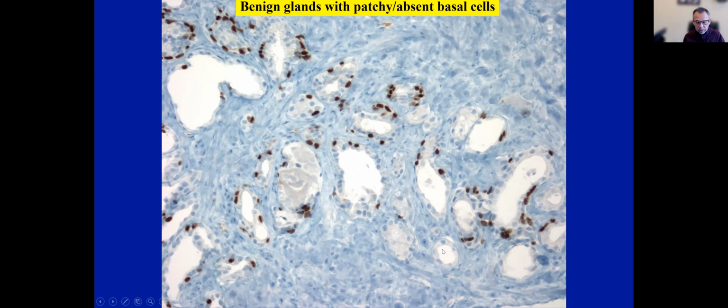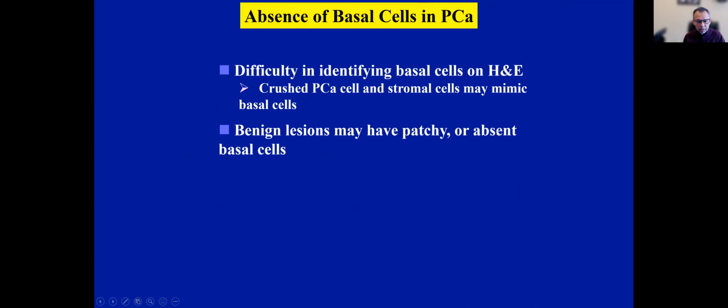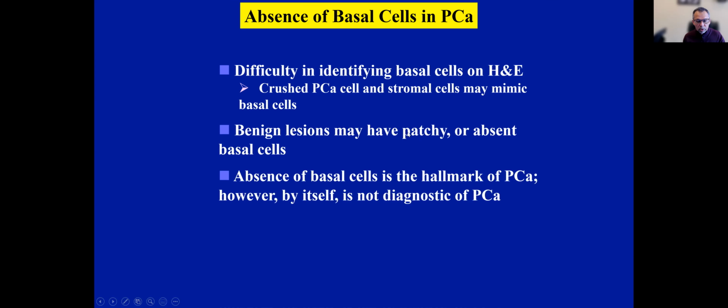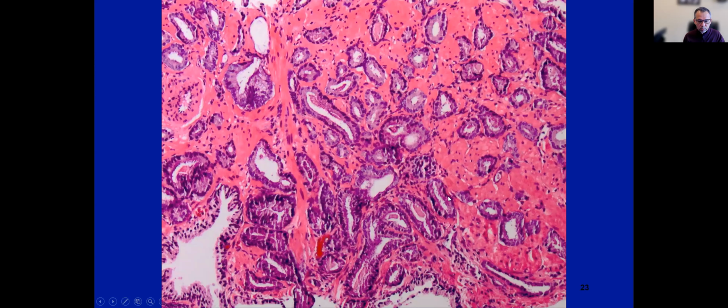Some glands entirely lack basal cells, and many glands have patchy or partial basal cell staining. So even though absence of basal cells is the hallmark of prostate cancer, by itself it is not diagnostic of prostate cancer. So a very important point to keep in mind when you use immunohistochemistry to make the diagnosis of prostate cancer.